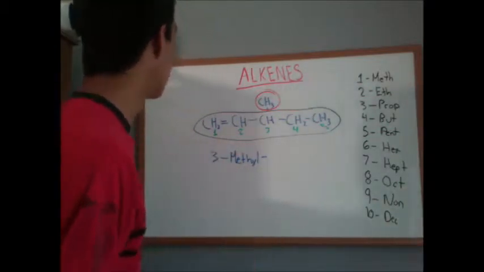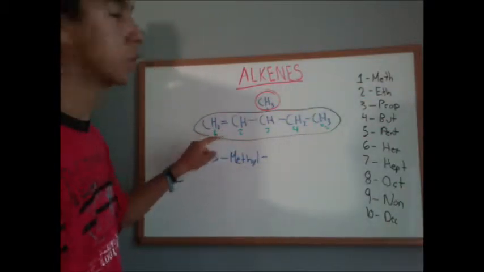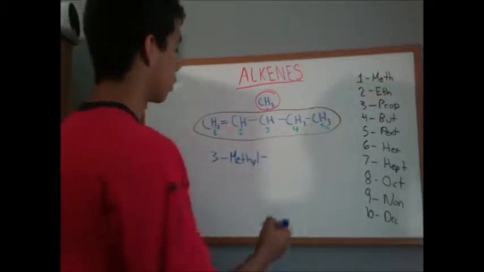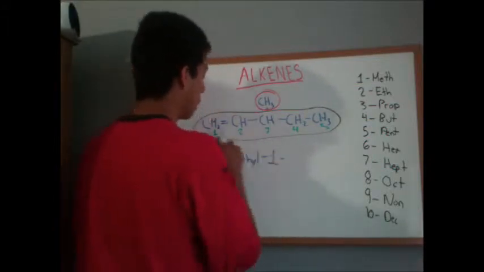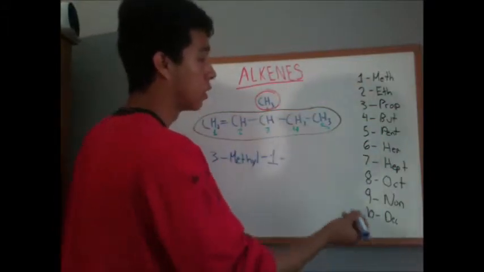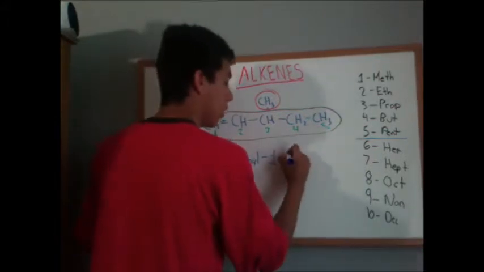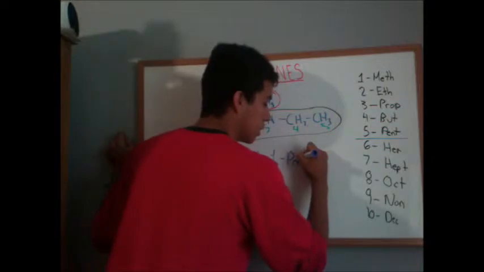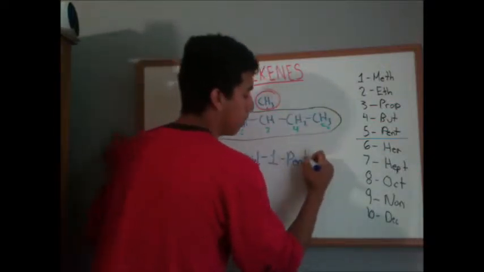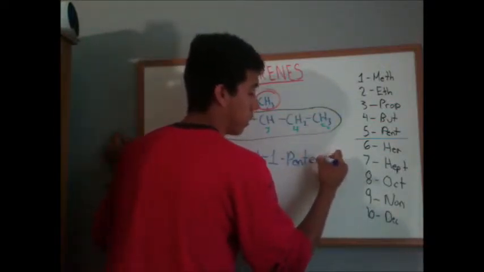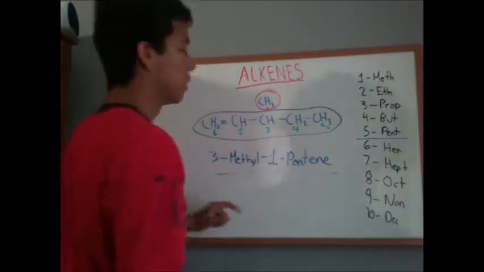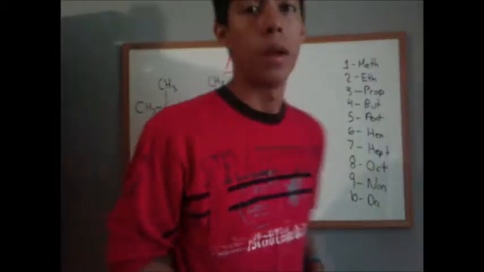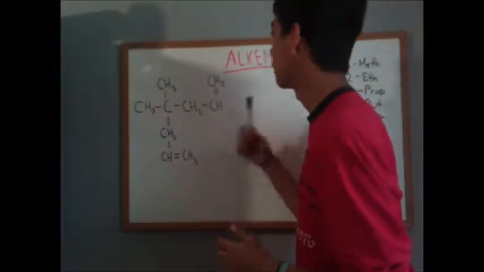It's on carbon 1, because it's simpler than putting 2. So we're going to write 1, and 1, 2, 3, 4, 5 carbons is penta, then ene. This is the name of this hydrocarbon.